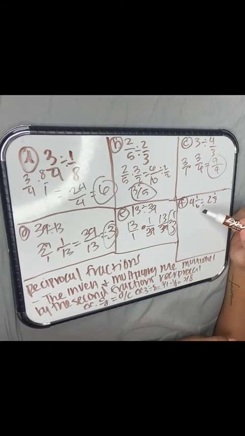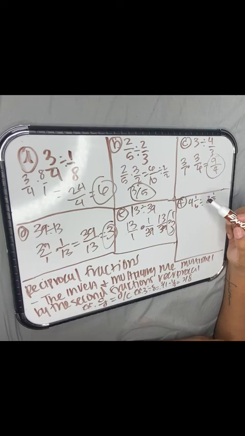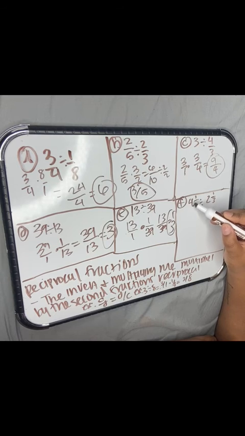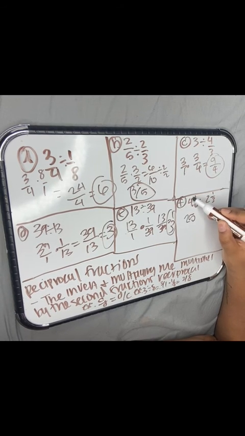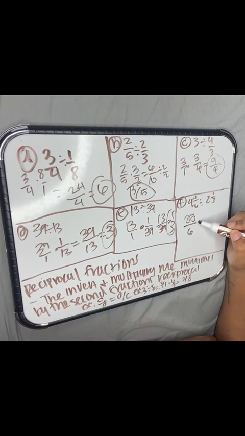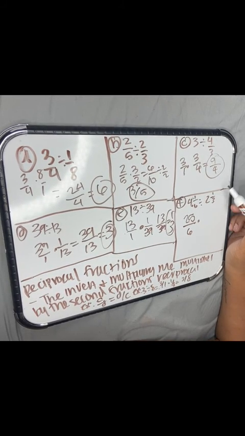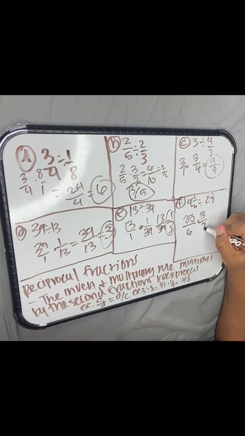And then here we have 4 1/6 divided by 2 1/3. We do what I said and make these improper fractions to make everything easier. So that would give us 25 over 6 times, 2 times 3 plus 1, that'll be 7/3, but since we're multiplying by the reciprocal, that will be multiplied by 3 over 7.